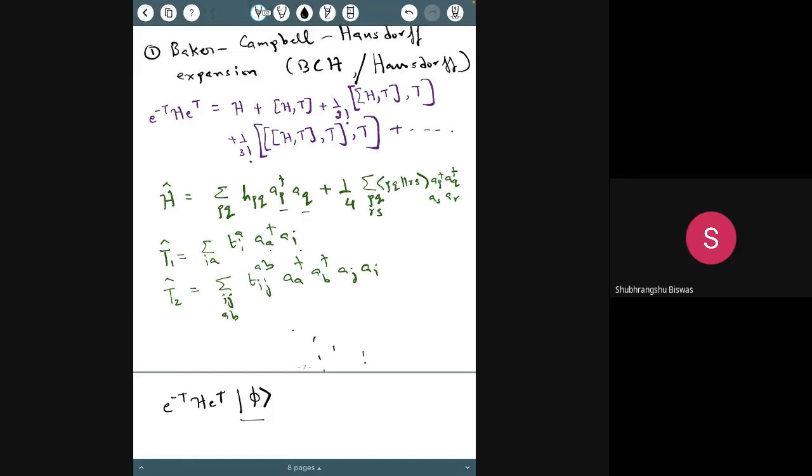Also, when you have the two body part of H and the one body part of T, you will reduce a string of length 6 to a string of length 4. So that will keep getting reduced in the first commutator. Then if you have two commutators, then with the reduced strings, you will again take another commutator. So that will reduce it further. So, and at some point, you will exhaust the general indices of the Hamiltonian.